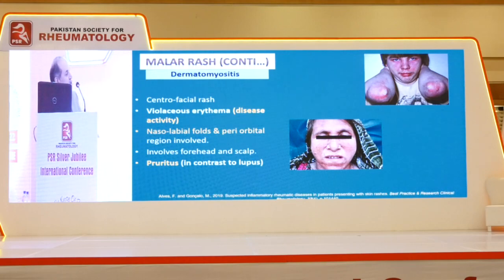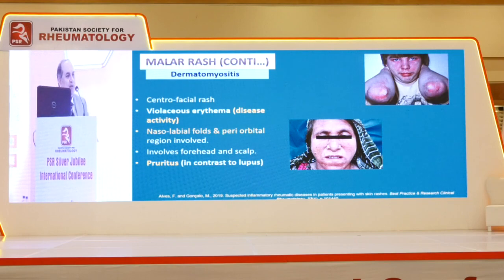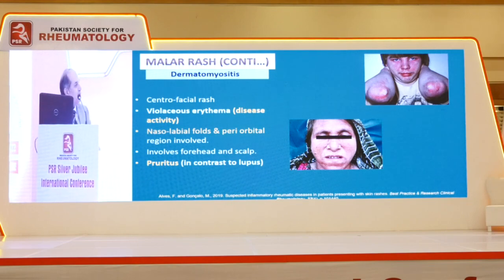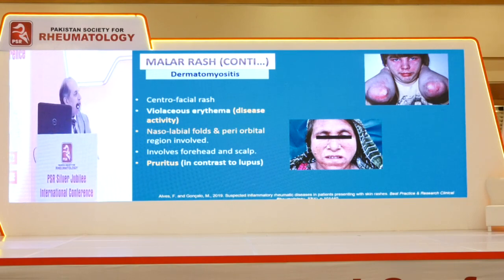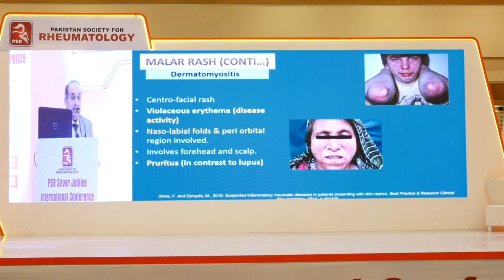Now, in contrast to SLE, in dermatomyositis, it is a centrofacial rash, where it is more confused with rosacea, which is also centrofacial. But in rosacea, we also see pustules, which is not seen in dermatomyositis. Then such a rash is also seen in seborrheic eczema.